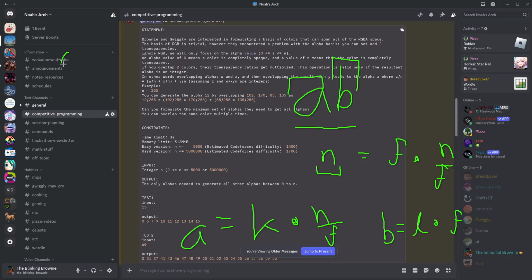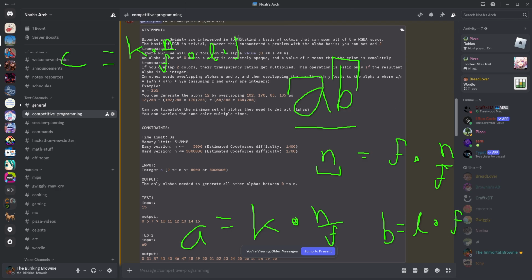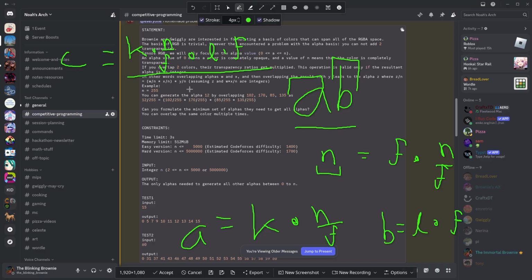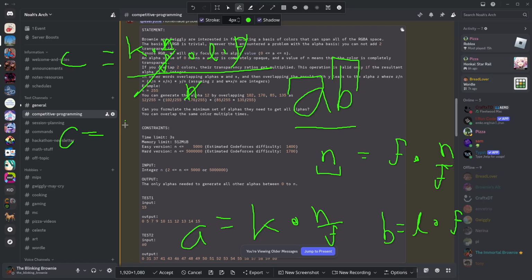So now c, which is equal to ab over n, is k times n over f times l times f over n. And now I can do some cancellations. So the f's cancel out, the n's cancel out. So c is equal to k times l.